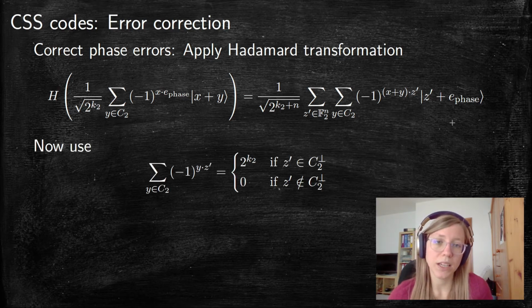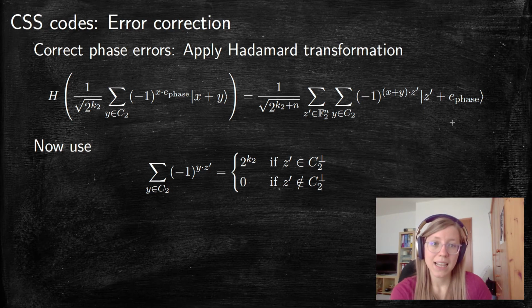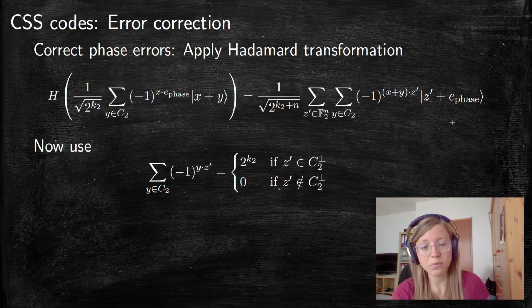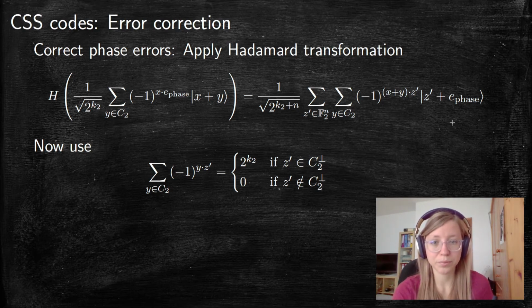But first, we simplify the form of the state on the right side by using the following identity. So the factor -1 to the power of y times z prime, when we sum over all the y's, this expression is either 0 if z prime is not an element of the dual code of C2, or it is 2 to the power of k2, which means the cardinality of C2, if z prime is an element of the dual code of C2.